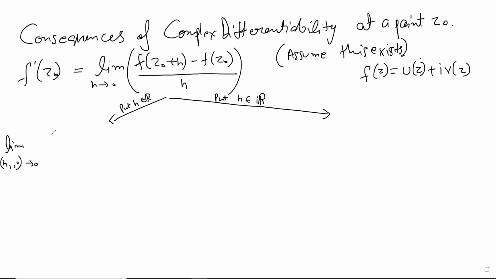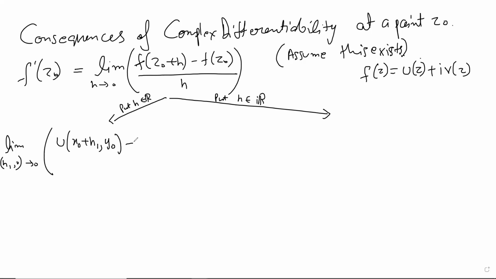Then instead of f I'll put u, and instead of z I will put x naught comma y naught. So we put x naught plus h1 comma y naught plus h2, but now h2 is 0. We are approaching along a special way. I'm just putting in the values, I'm not doing anything. So this is what we get.